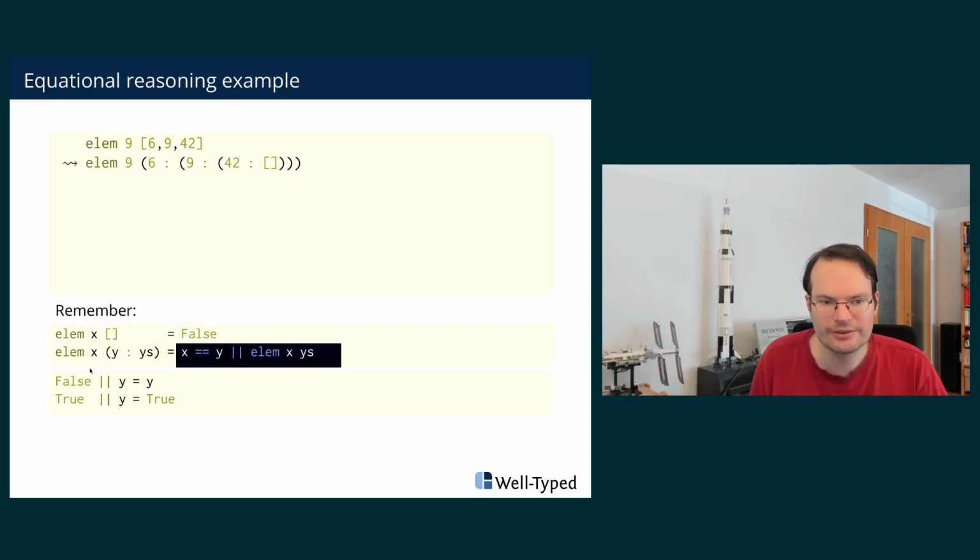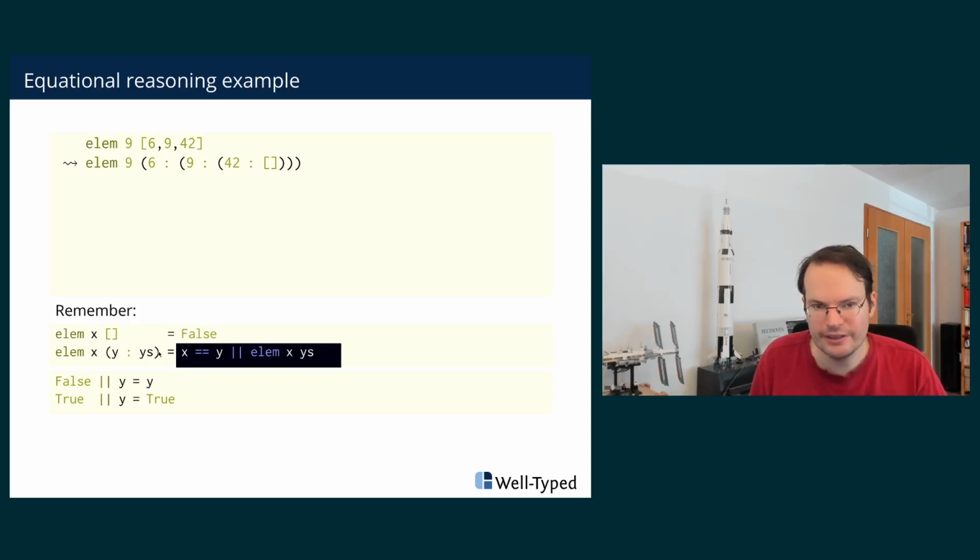So because the second left-hand side here matched, we now have that x is equal to 9 for this particular reduction, y is equal to 6, and ys here is equal to 9 cons 42 cons the empty list, right?